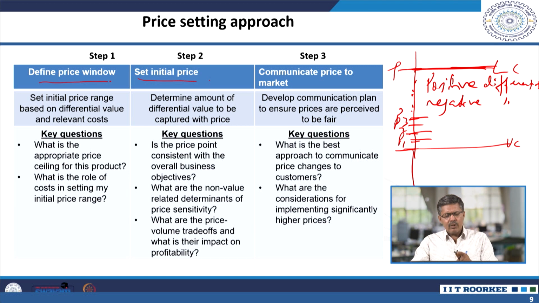And the final thing is you have to communicate this price to the market. As I said, if the vendor was selling his goods at 80 rupees, the market would feel that this is an inferior good. Or let us say generally the price was 100 rupees, one vendor is selling at 80 and another is selling at 150.